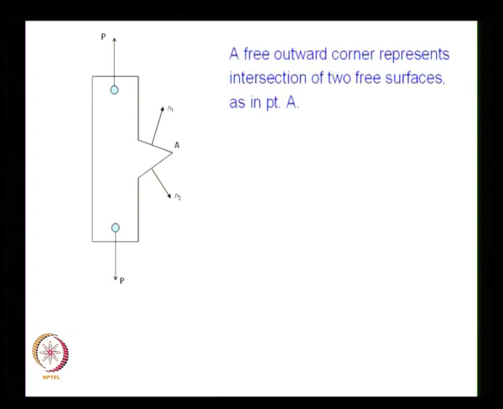What I have here is a free outward corner, which represents the intersection of two free surfaces, as in point A. This is a free surface given by outward normal N1 and this is a free surface given by outward normal N2, and the stress vector can only be tangential. So, if I take this point, it can be only tangential like this, or if I take this surface, it can be tangential only like this. So, I cannot have a contradiction.